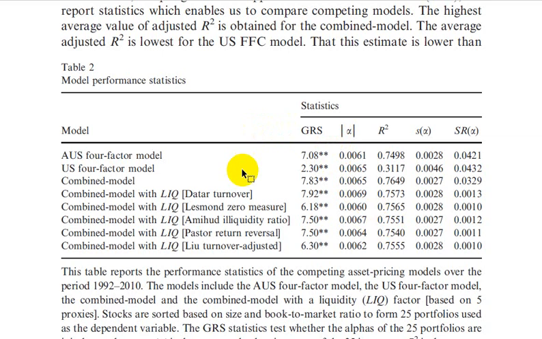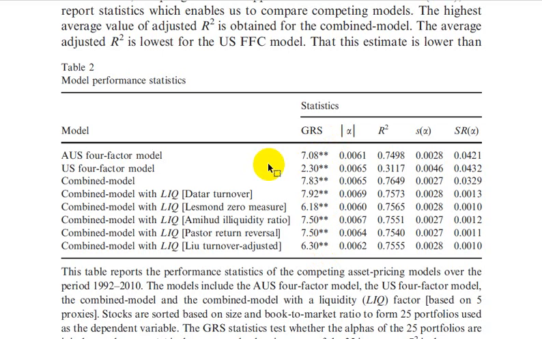And to test whether the alpha of each of the models is statistically likely to be 0, they do a GRS test. And if the factors likely fully explain the cross-section of returns, this GRS figure should be insignificant, so there should be no asterisk next to it. And we see that's not the case with any of the models.